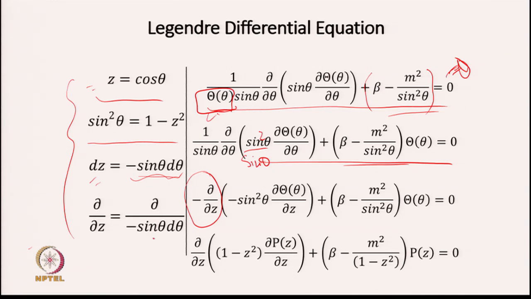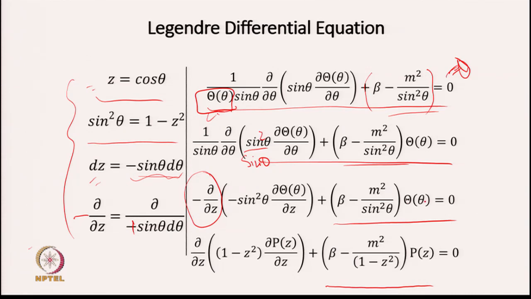So, you can do minus here plus. If I do that, then 1 by sin theta del by del theta is equal to minus del by del z, and sin square theta remains. Then you have the plus part, same thing we can take from the second line: beta minus m a square by sin square theta, and then cap theta, which is a function of theta, is equal to 0.